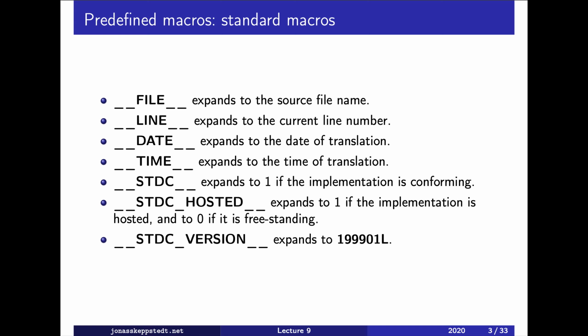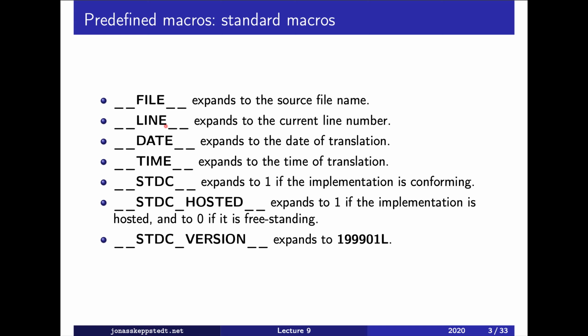So predefined macros. They are macros that we can use directly in the source code, and the compiler will fill in what they mean. For instance, if we write this, then the compiler will replace this macro name with a string that contains the name of the source code file.